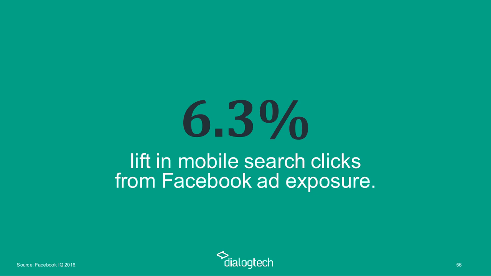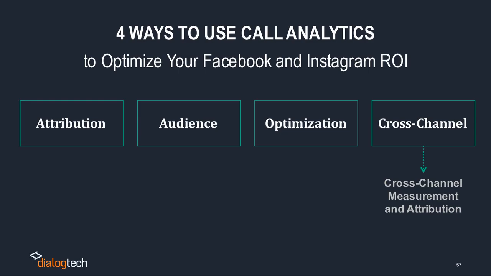It just goes to show consumers don't differentiate between channels or between devices. It's this omni-channel, cross-channel world, and it's interesting to understand how the different channels are working together. So that takes us into our next section, which dives into how you measure cross-channel and how you attribute it.